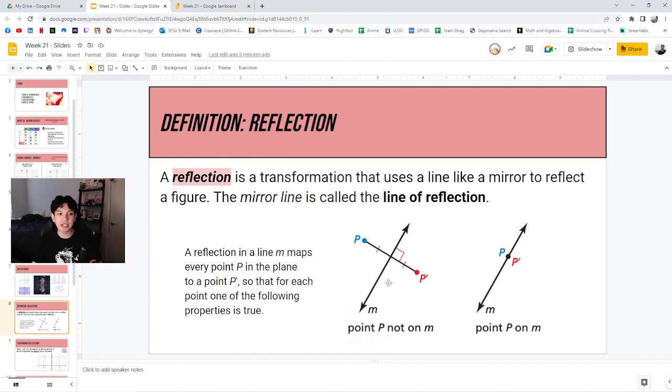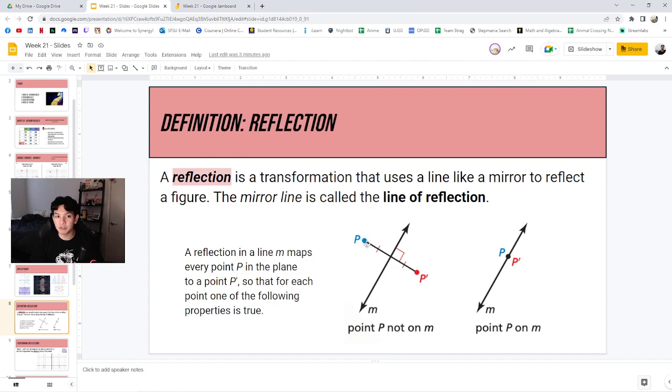So just like in translations, if you do a reflection and you want to note where the new point is, you're going to call that a prime also, okay? So that for each point, one of the following properties is true. If point P is not on M, if it's not on the line, then here's the original P where it is. And then where's a reflection of it?